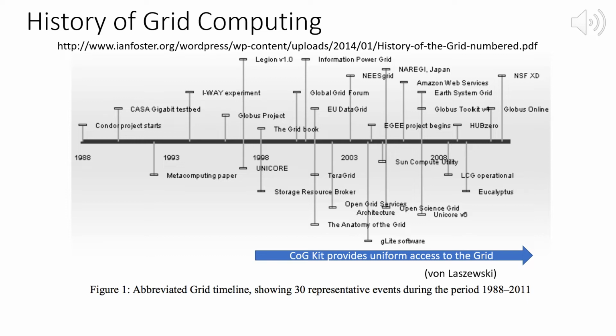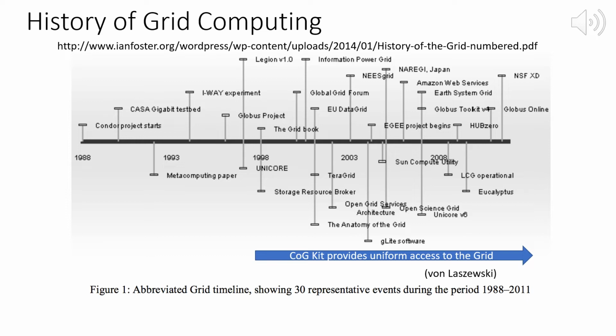One of the toolkits that we have, which is essentially a platform for accessing such services, was the Commodity Grid Kit that for the entire time provided an interface to such services as part of a Java implementation. So you could be using this toolkit to interface with these services.